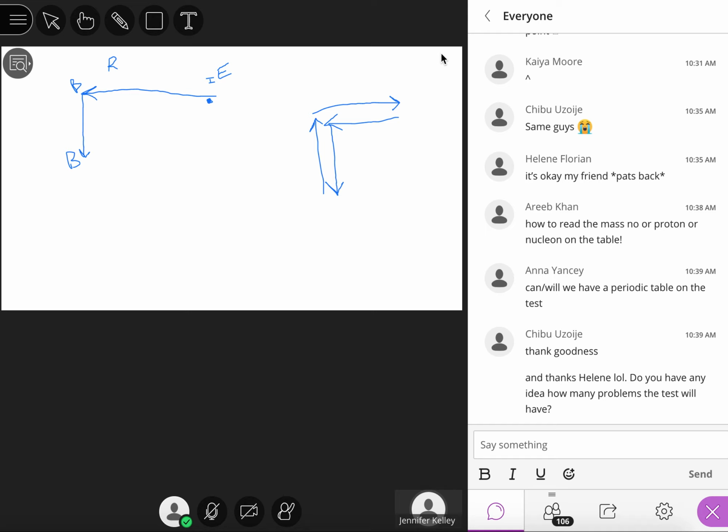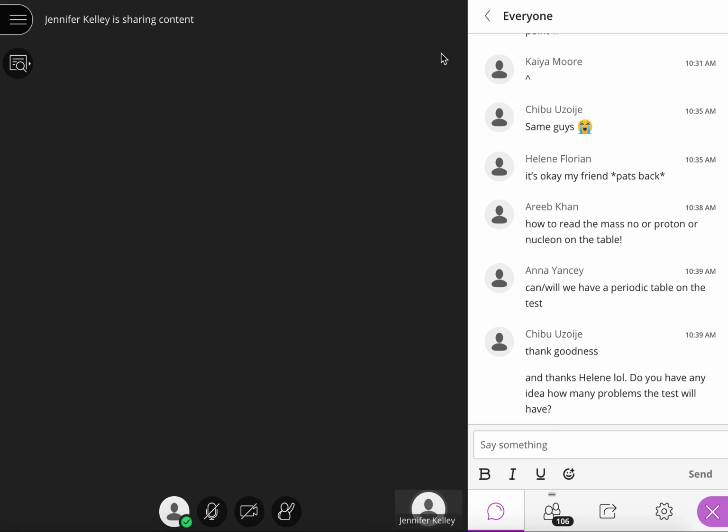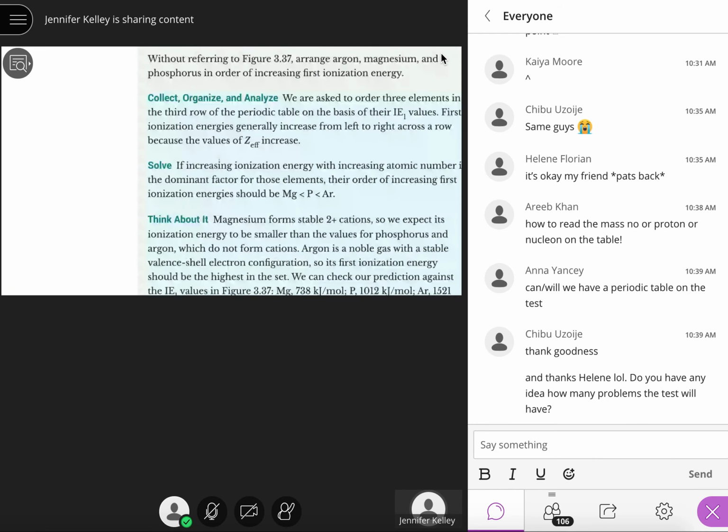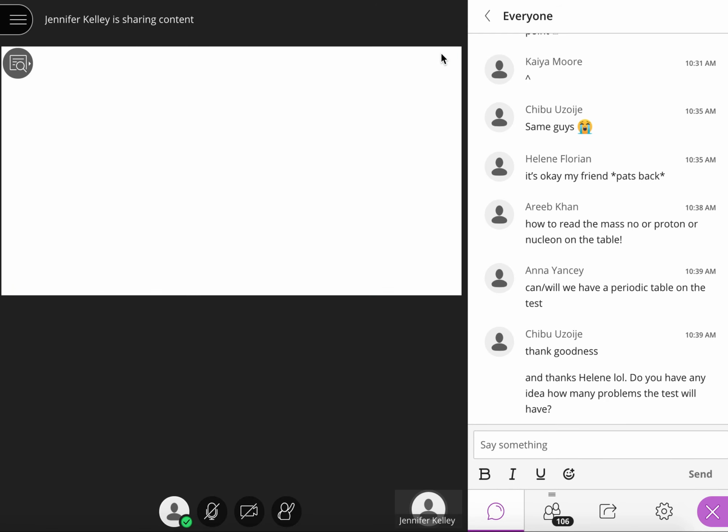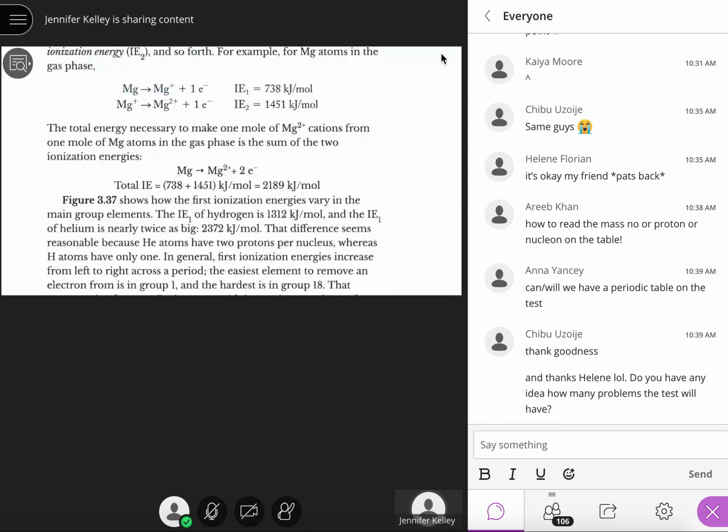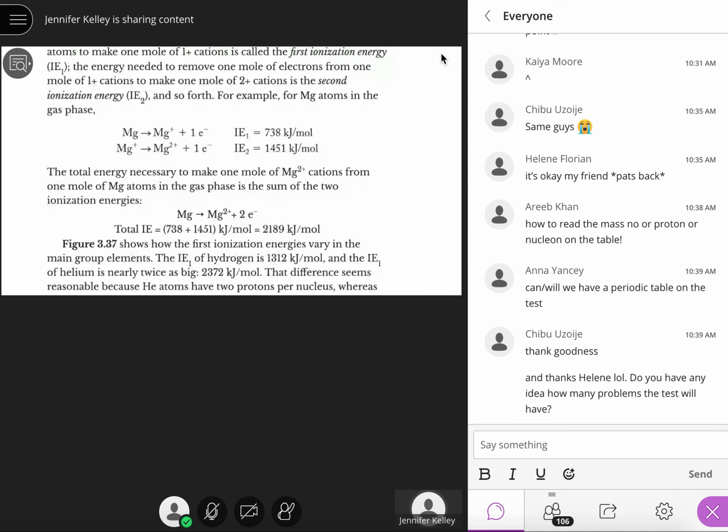If you go to the textbook and take a look, I'll actually show you the picture from the textbook so you don't have to imagine it in your mind. All right, so looking at the textbook, it's talking about ionization energy, and gives you the definition up there.